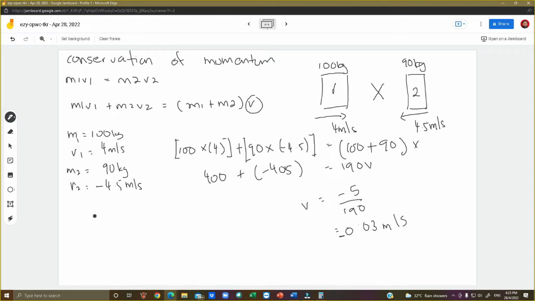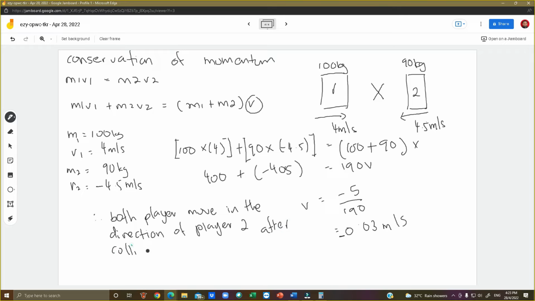So what happened is both players move in the direction of player 2 after colliding. Only then are you done and you will get full marks.